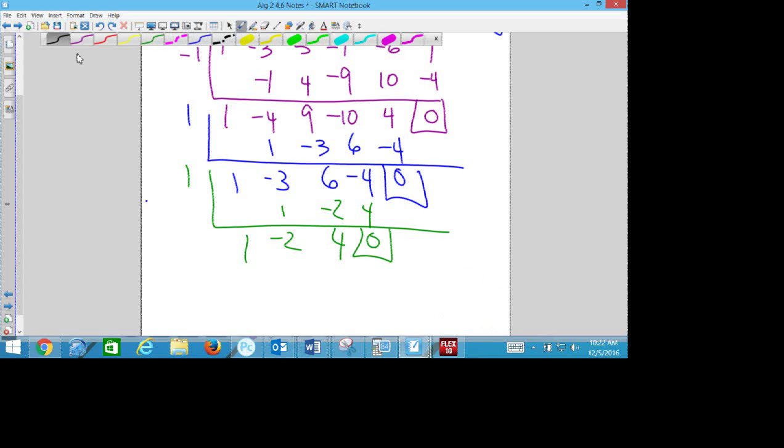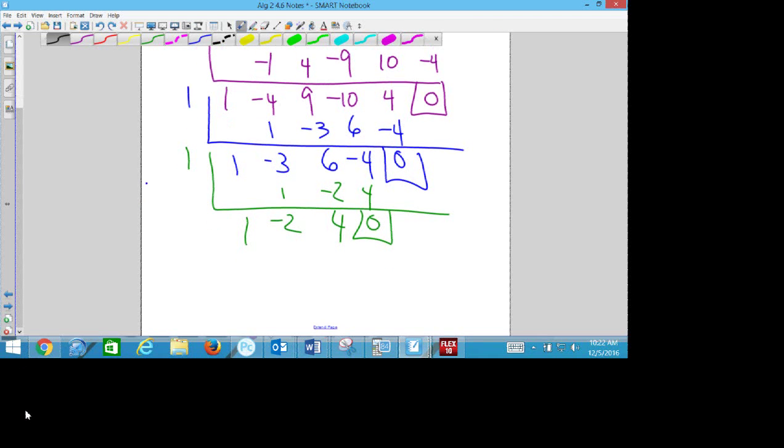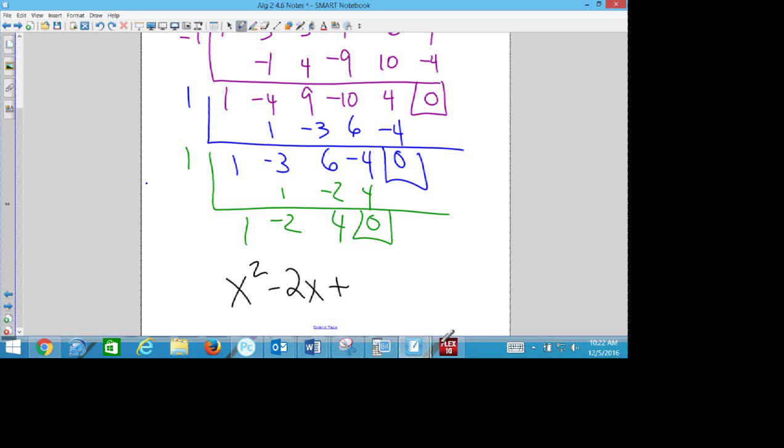And once you've gotten to the last step and you've taken all the real zeros out, we've just solved for the imaginary ones. So we're going to write this as an equation. It's going to be x to the what power to start? It was to the 5. We took out 3 zeros, so it'll be x squared minus 2x plus 4.